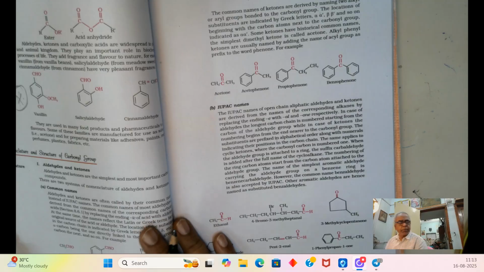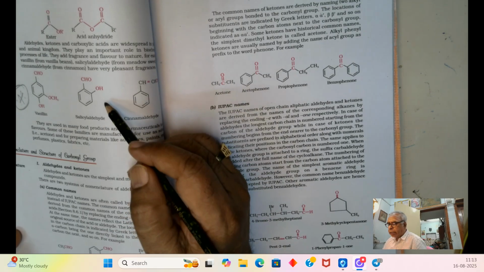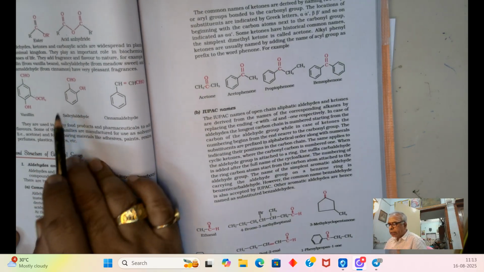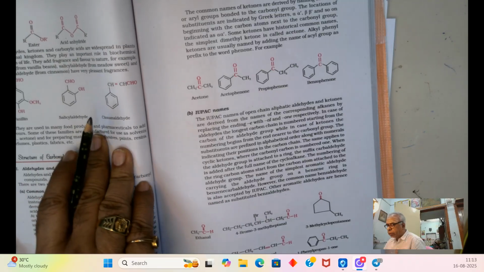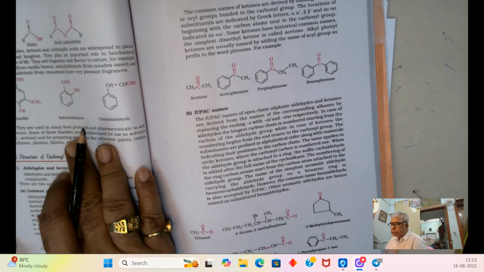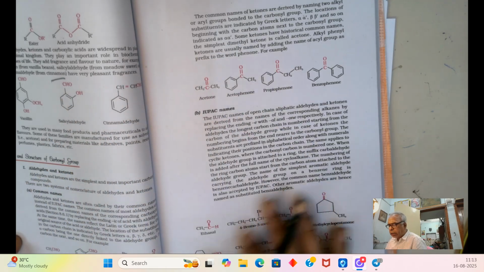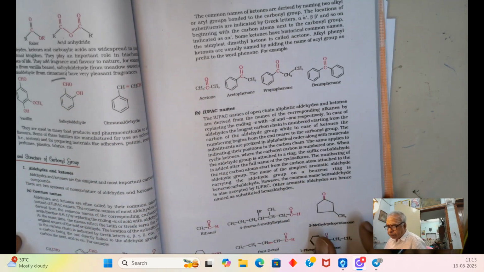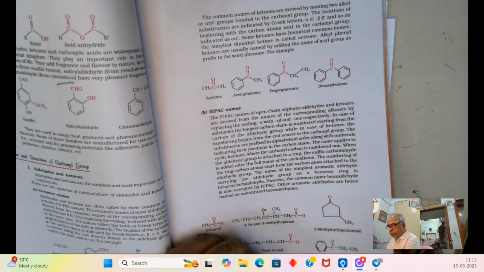So that is the flavor. Salicylaldehyde is obtained from the meadow sweet. Then cinnamaldehyde from cinnamon. They give very good flavors. The fruity odors are because of esters.